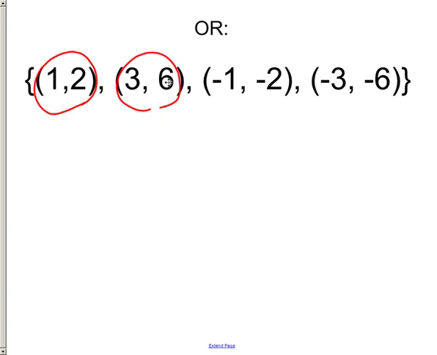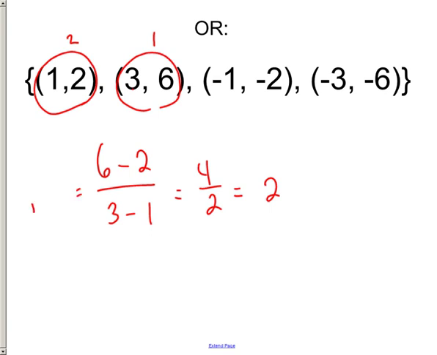This 6 of the y value is bigger than this 2 of the y value, and so if I say 6 minus 2, that means I go with this point first and I go with this one second, so 3 minus 1. My slope would be 2.